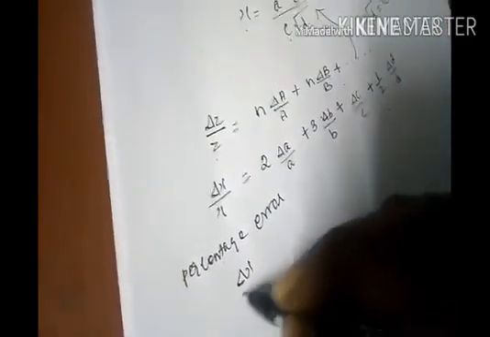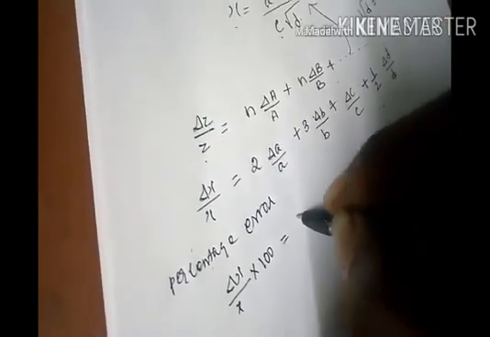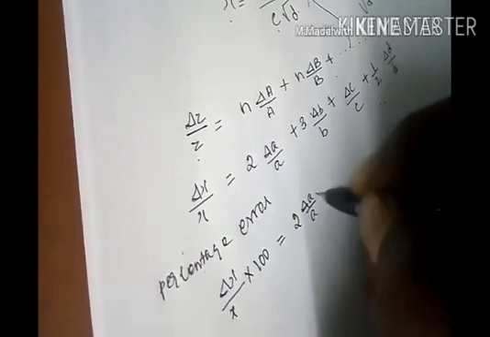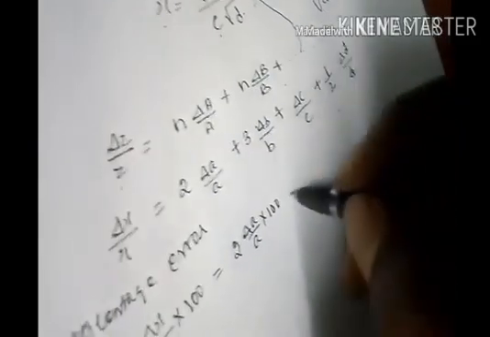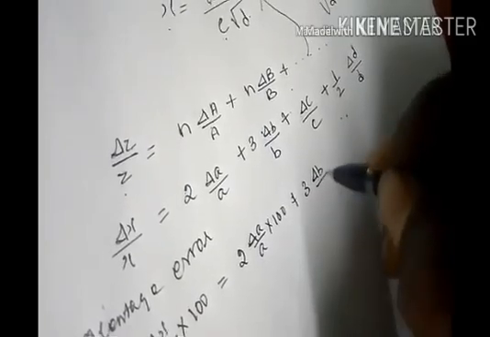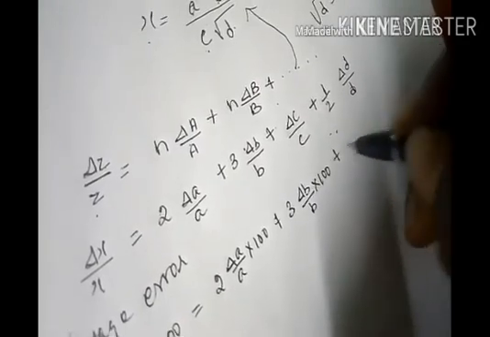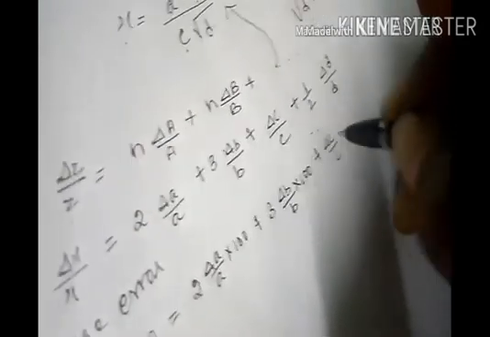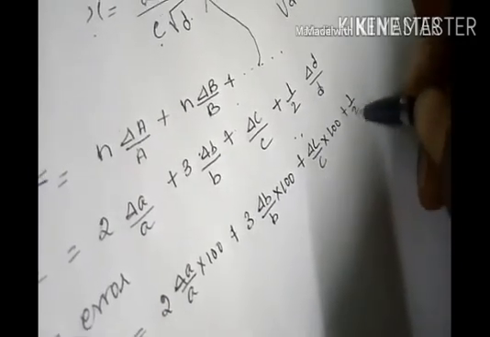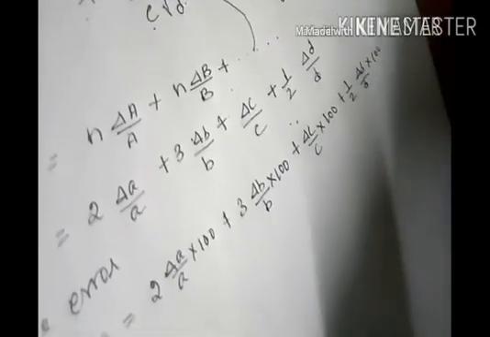So del x divided by x into 100 equal to 2 into del a divided by a into 100 plus 3 into del b divided by b into 100 plus del c divided by c into 100 plus 1 by 2 del d divided by d into 100.